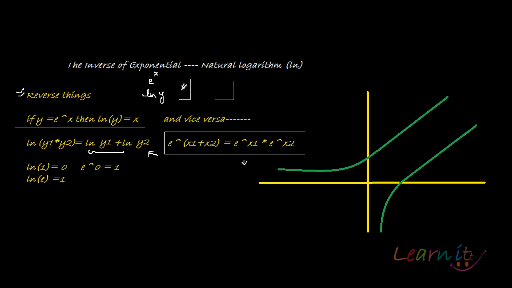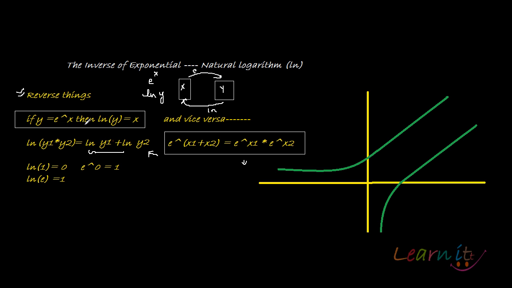Essentially, if we had x here and y here, through the function we were relating e to the power x to y's, now we are relating y's to x by the function natural logarithm. So, if y is equal to e to the power x, then ln y equals x and vice versa.